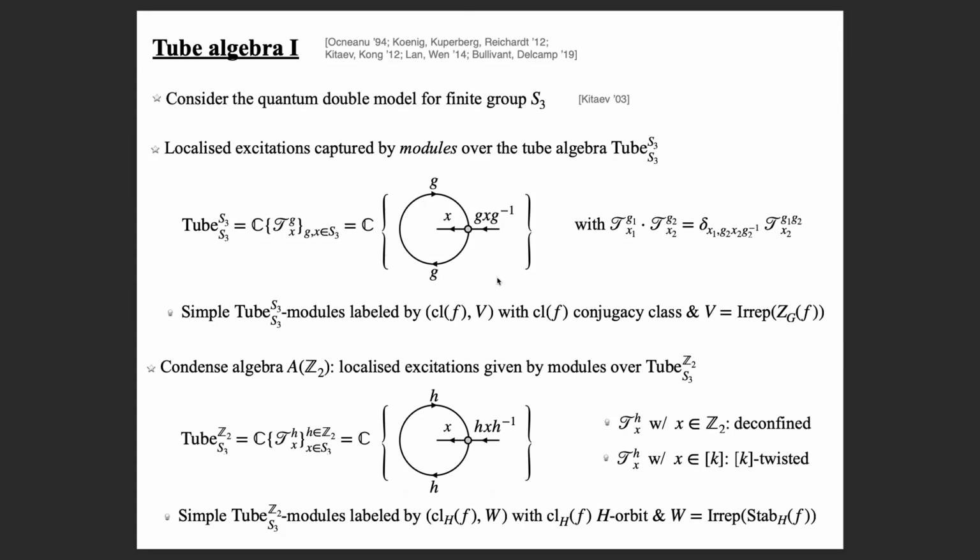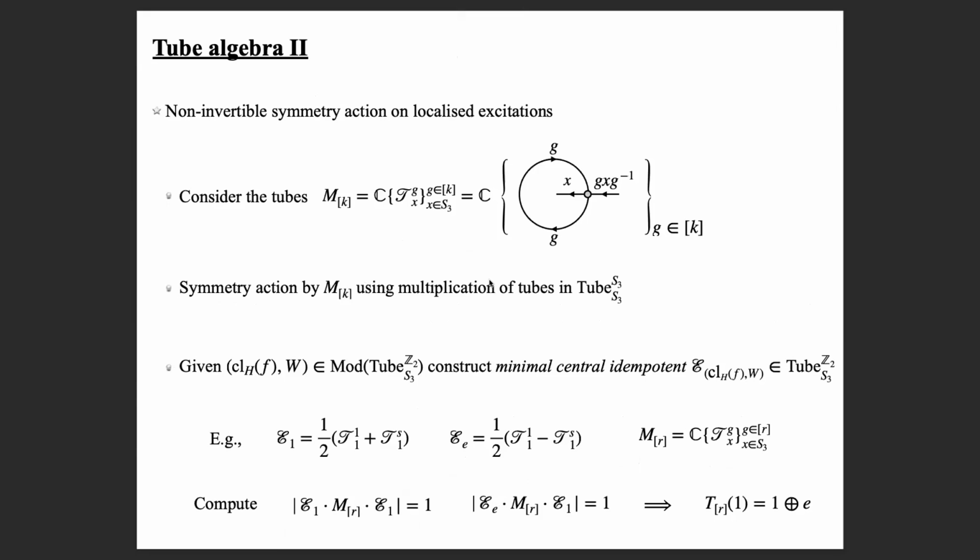And here simple objects are labeled by an H orbit and an irreducible representation of the stabilizer. And in this case, the non-invertible symmetry action can be equivalently computed by looking at these particular tubes, where now X lives in S3 and G in the hypergroup element K. And basically, we compute the symmetry action by multiplication by these particular tubes by embedding everything in the original tube algebra.